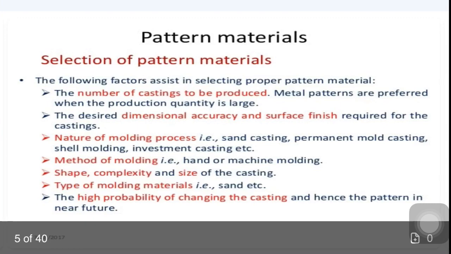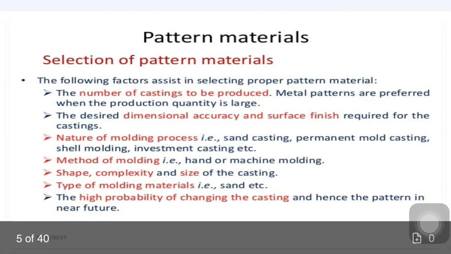If you do not understand the meaning of high permeability, we will discuss the properties of the sand. At that time I will discuss the actual meaning of high permeability, which is totally related to the property of the sand, right?